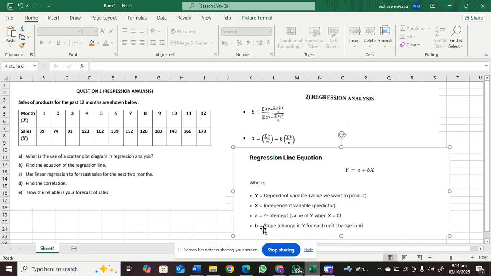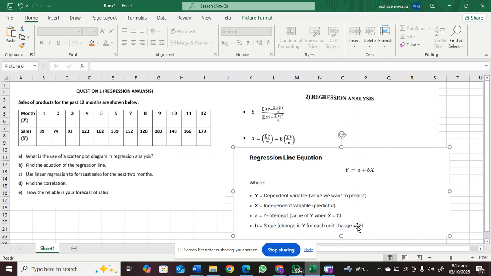Then B is the slope. Slope is just the rate of change, the change in your y variable for each unit change in X. So if you increase X by 1 unit, Y is supposed to either increase or decrease by a certain amount. That's the slope. For example, if we say the slope is 2, it means if we increase the X variable by 1 unit, Y is going to increase by 2 units.